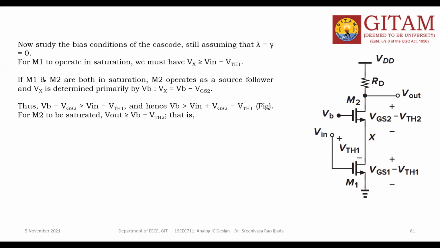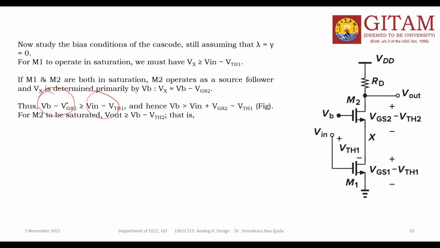So this is the Vx in the second case. In the second case, you calculated the Vx value as Vb minus Vgs2.